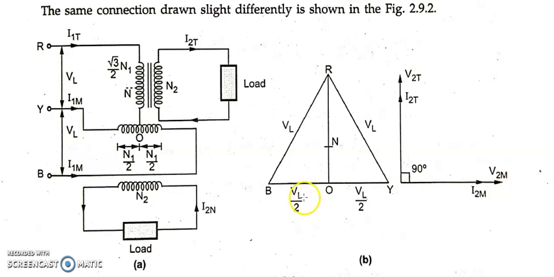If you take VL square outside as common, inside we get 1 by 4 plus 3 by 4. If you add those two, 1 plus 3 is 4, divided by 4, it reduces to 1. So the length of BR is VL. Similarly, the length of RY is VL. Anyhow, it is the same. So this is how VL has come here.